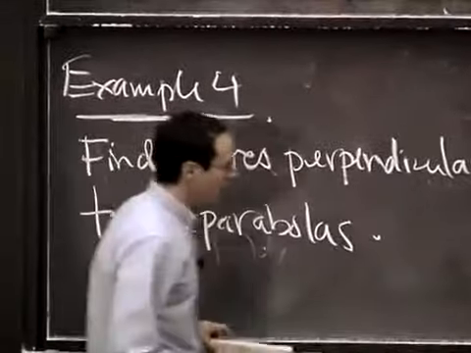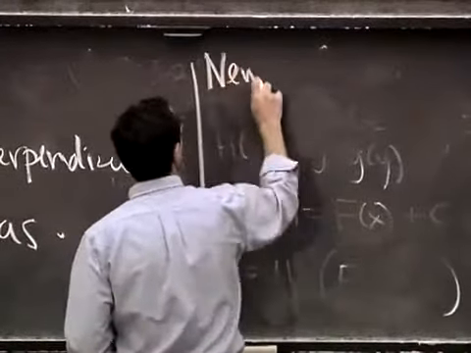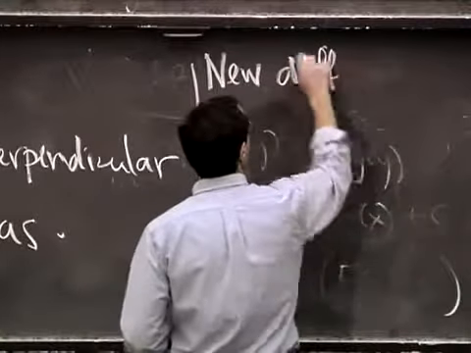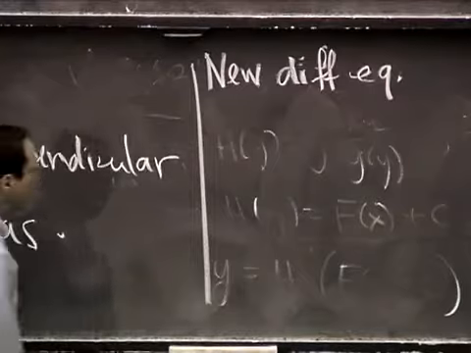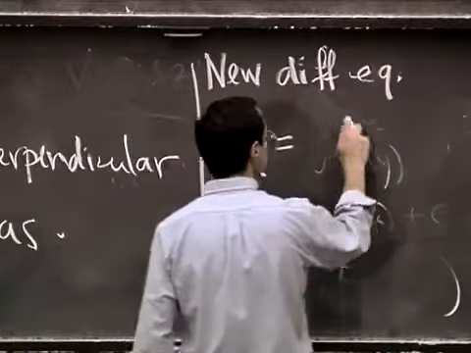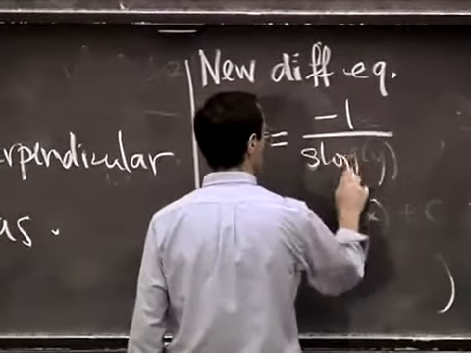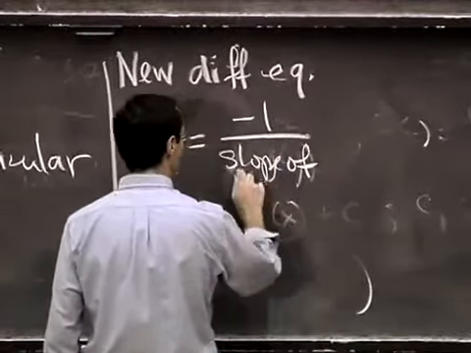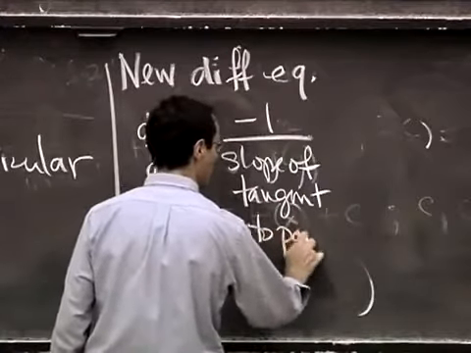So let's think about that. What's the new equation? The new diffie-q is the following. It's that the slope is equal to the negative reciprocal of the slope of the tangent line to the parabola.